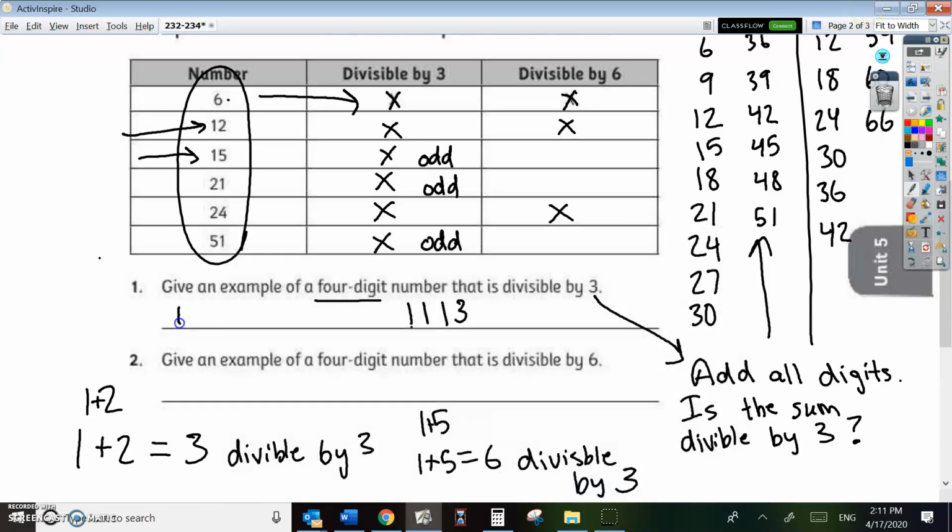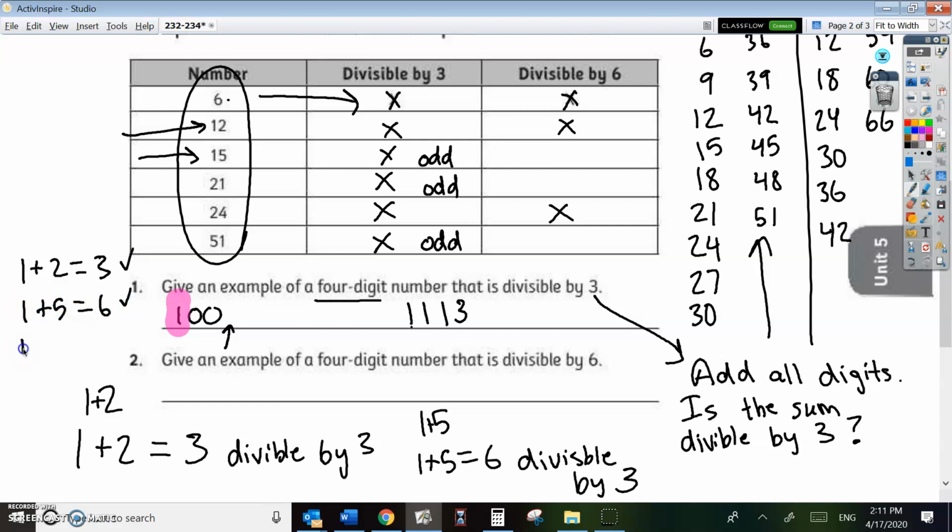What if we went 1, 0, 0? What number would we have to put right here to make a number that's divisible by 3? So look at the first digit. It's a 1. So 1 plus 2 equals 3. That would work. 1 plus 5 equals 6.